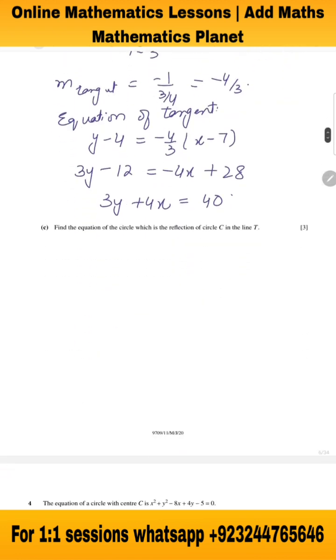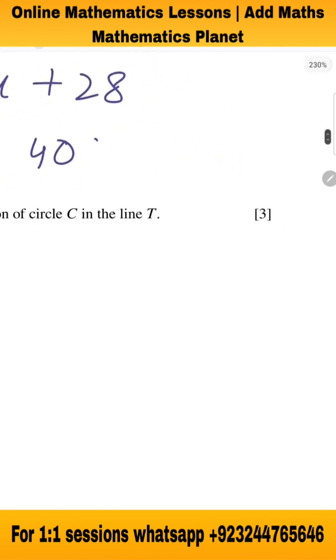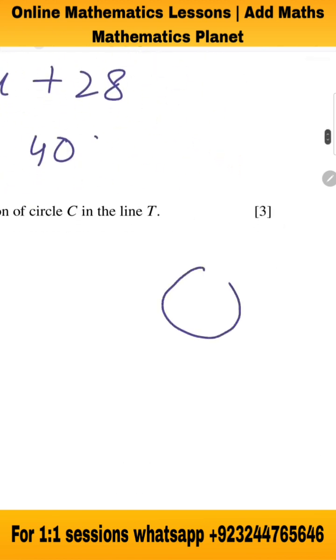Okay, find the equation of the circle which is the reflection of the circle C in the line T. So we have a circle with center P, 3, 1.